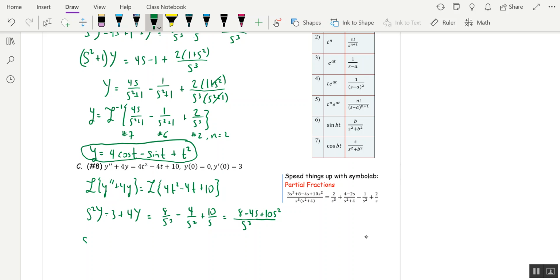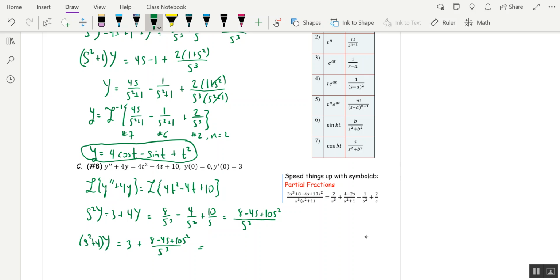Okay. S squared plus 4, factor out the big Y. Those guys stay on the left. And then 3 comes over to the right. Positive 3. 3 plus 8 minus 4s plus 10s squared over s cubed, which I'm going to write with denominator s cubed.